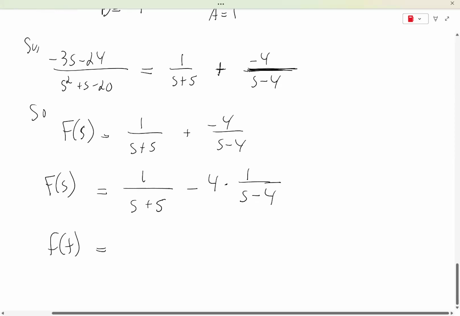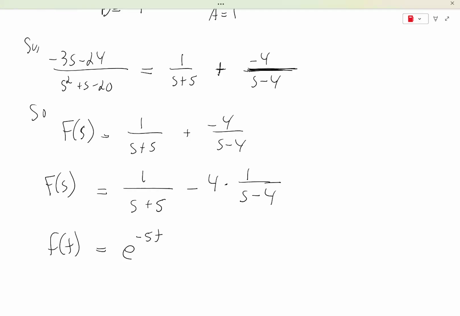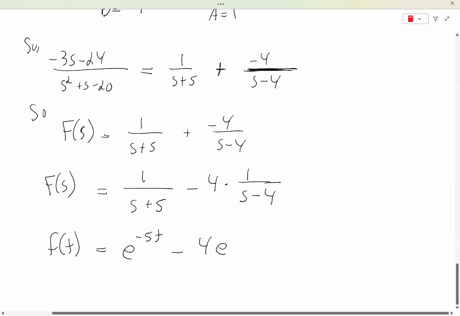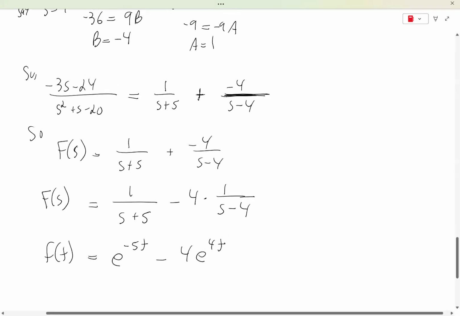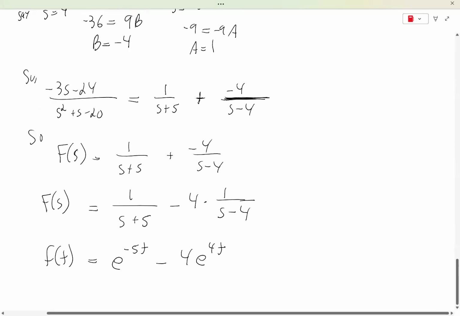If I recall from the list, this one is e to the negative 5t, with a sign switch, minus 4 and this would be e to the 4t. That's back from the table of inverse Laplaces.